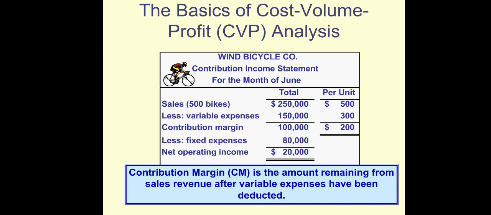Most managers prefer to see the contribution income statement, because they can see clearly how much is the revenue for their business or their department, how much is the variable cost and how much is the fixed cost, and also they can see whether the business or the department is making profit or loss. Managers prefer to see the cost divided into two categories, fixed cost and variable cost.